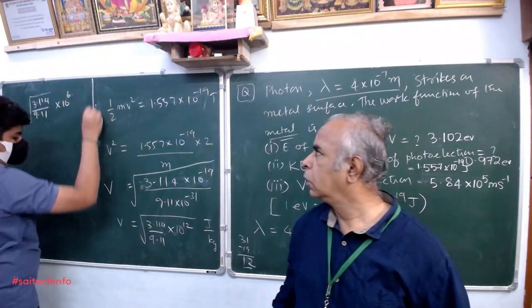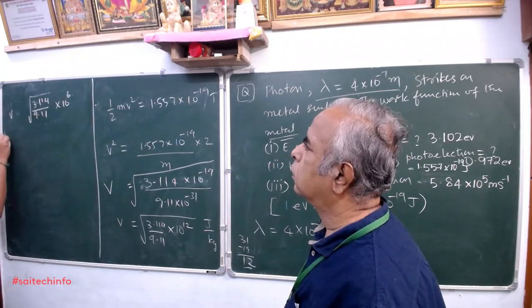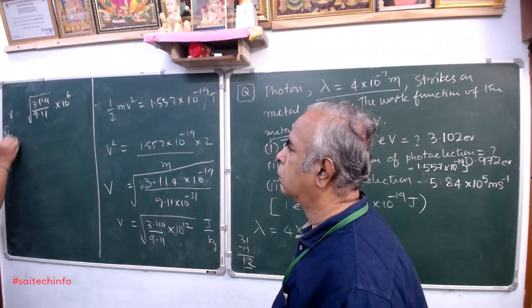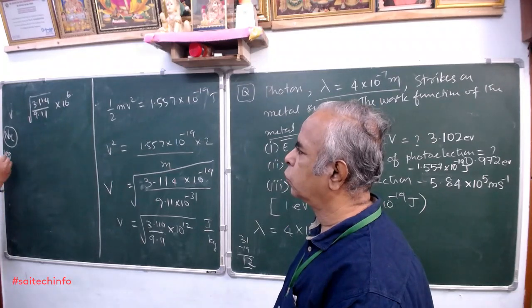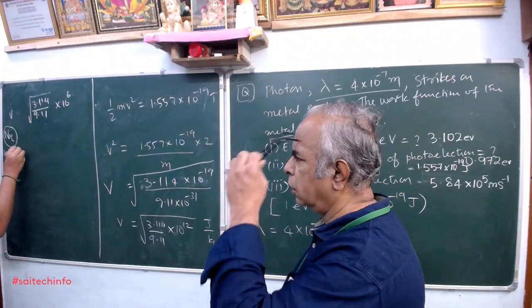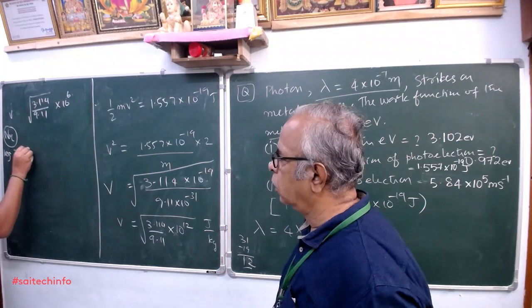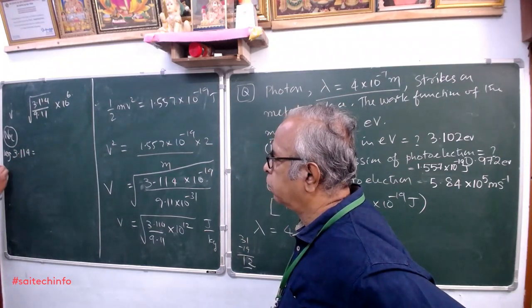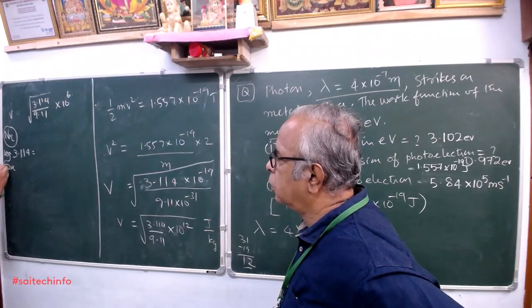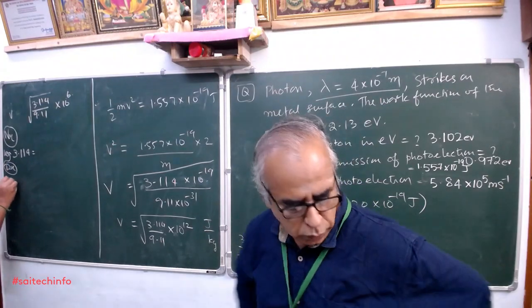Write down numerator, denominator. First take the numerator, log of 3.114. And then denominator, 9.11.